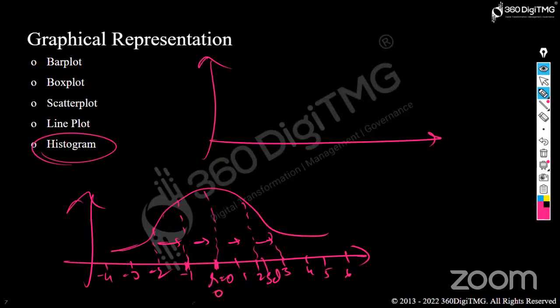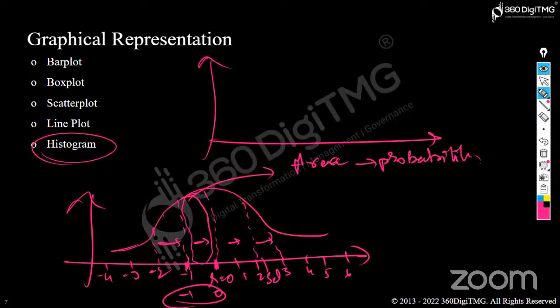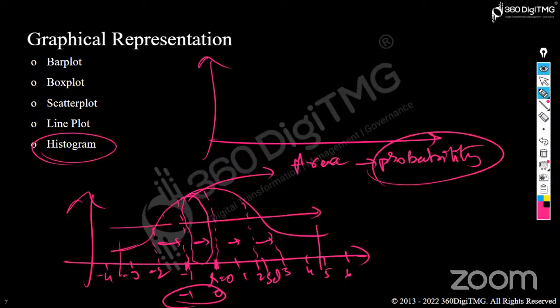So 0 to -1, what is the area that is covered under this? When I calculate this area, it always gives the probability. Why am I saying probability? Because from here to here, it will be 100%. From here to here, the data is distributed equally and overall, that is 100%.